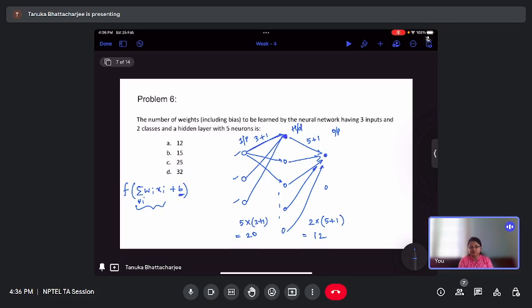So, you are modeling a linear function. If you just ignore this f thing, you are just modeling a linear function with each of the neurons. So, unless you add a bias term, it is just a line passing through the origin, but it may not always be that case. There might be some shift in the line.